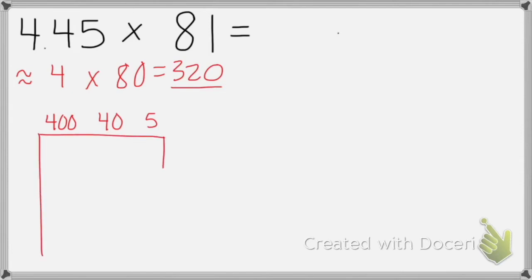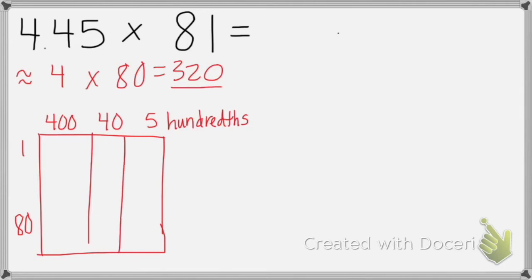And we want to make sure that we're labeling this as hundredths. 81 can be split up into 80 plus 1. And then we can multiply. 400 times 1 is 400, 40 times 1 is 40, 5 times 1 is 5.